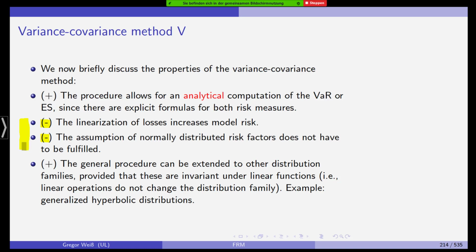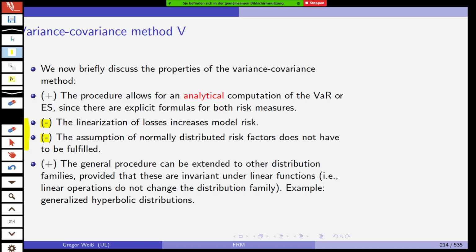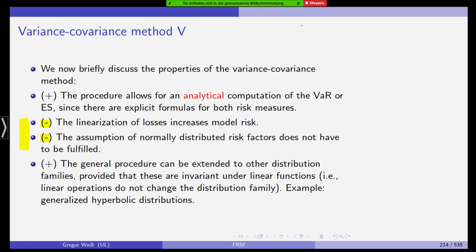And you shouldn't be surprised, because the normal distribution has a property, let's put it differently. This one is a normal distribution. The problem is that historical data looks like this.